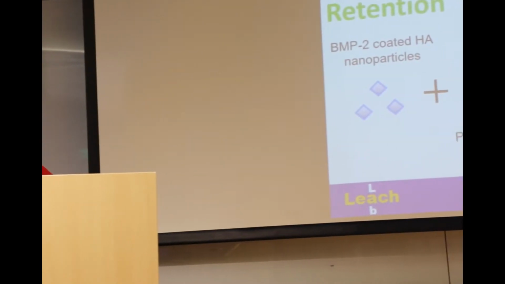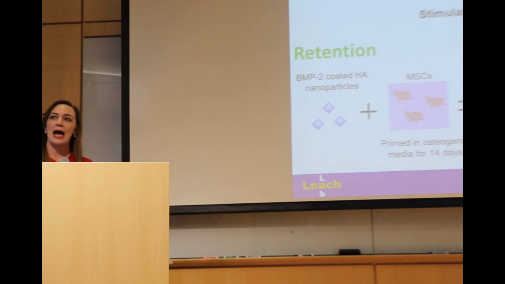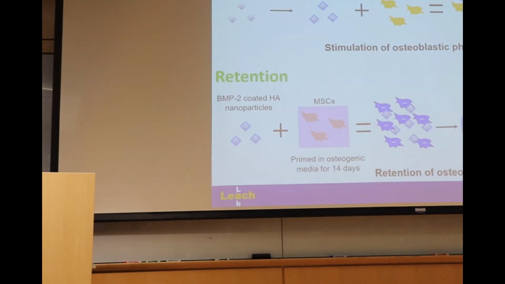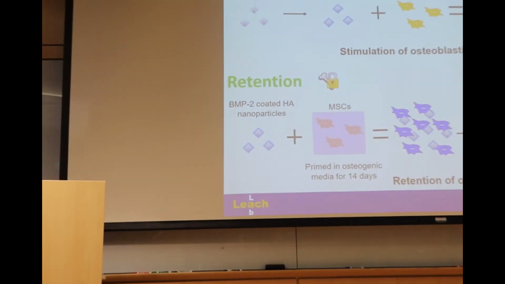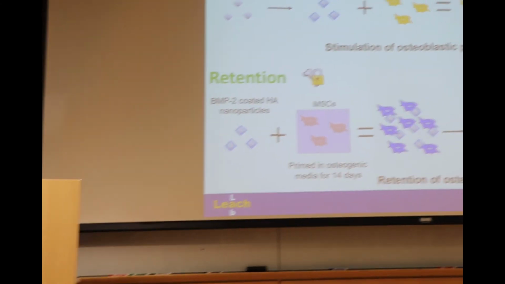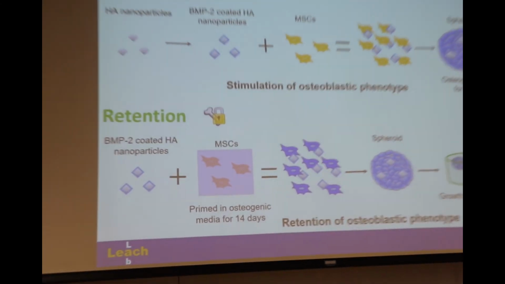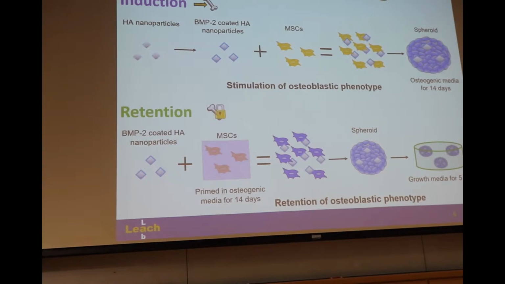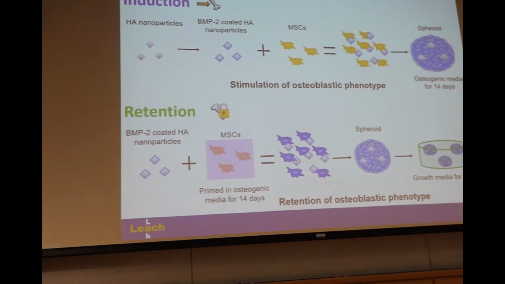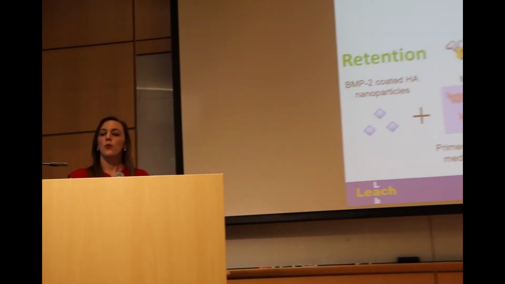And we're going to then evaluate the osteogenic phenotype, or bone phenotype. Additionally, what's important is, can it keep that phenotype over time? Or are the cells going to revert back to their multipotent potential? So to help you remember that, I've included little graphics here so that induction means becoming bone and retention means locking in that phenotype.